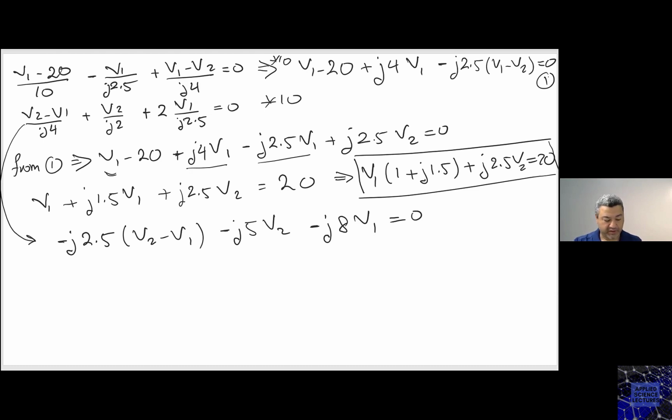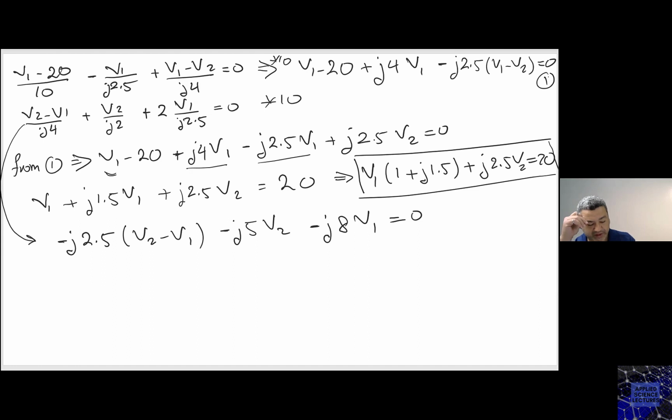Let's have a second look here. So the j goes up, becomes minus j2.5, minus j2.5 v2 minus v1. J goes up, becomes minus j10 divided by 2 is 5, minus j5 v2. And then this j goes up, becomes minus j.